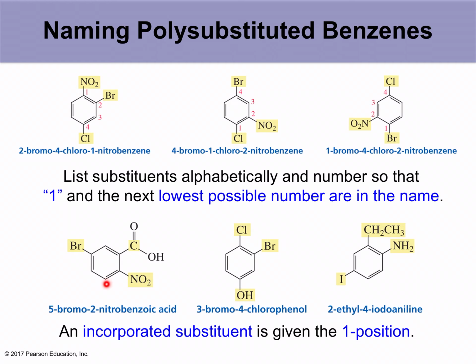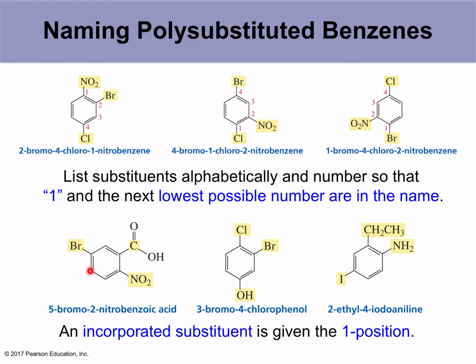And then you give the substituents numbers, giving us the least numbers. Let's say if you number this one as 1, the nitro group will be 2. This would then be 2, 3, 4, 5. So we have 2 and 5 for the substituents.